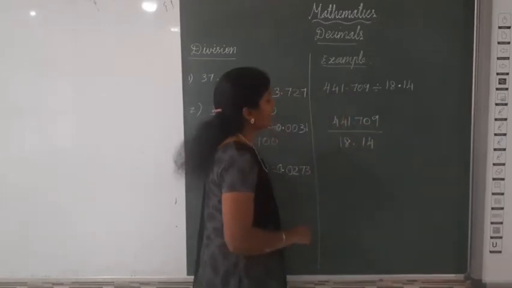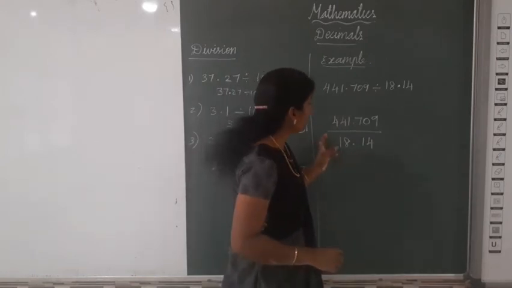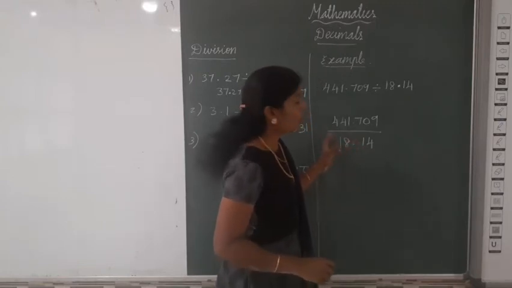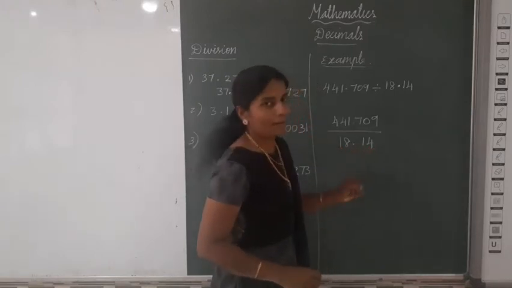Now listen, this divisor is in decimal form, isn't it? Now we can change this decimal number into a whole number. Make the decimal number a whole number.